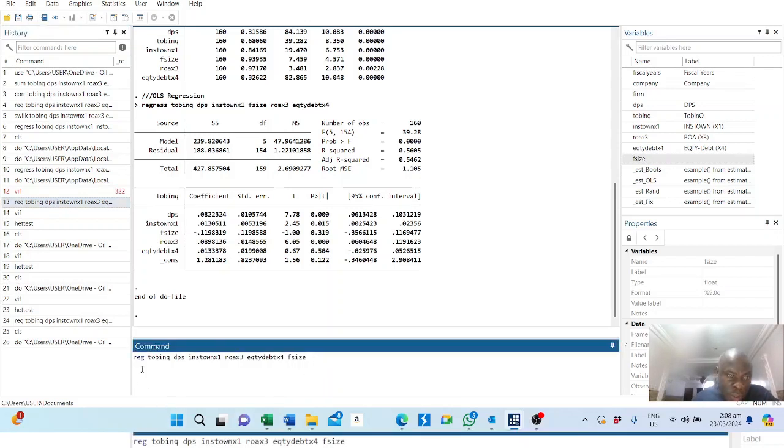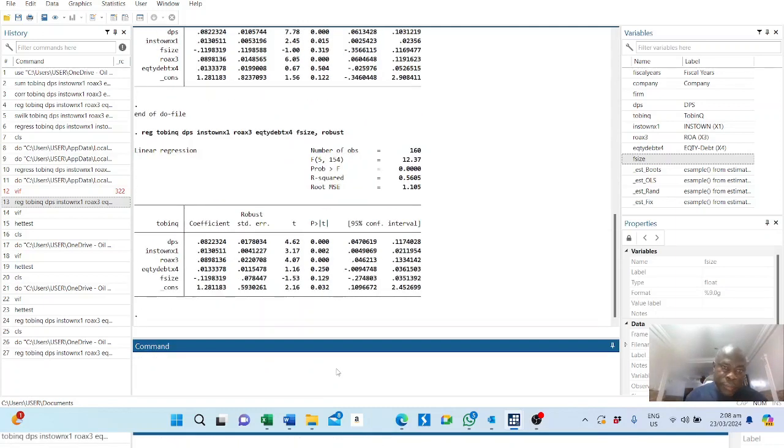Now I've recorded the regression command, and that's reg Tobins DPS, institutional ownership, ROA, equity debt, and firm size. The next thing is to put a comma and type the word robust. Once that is done, enter.